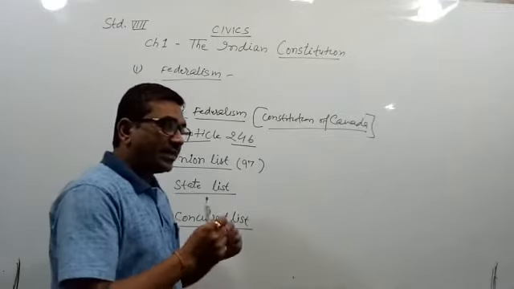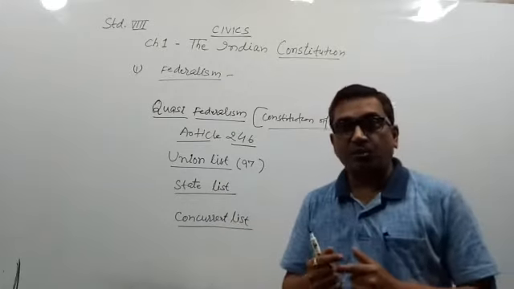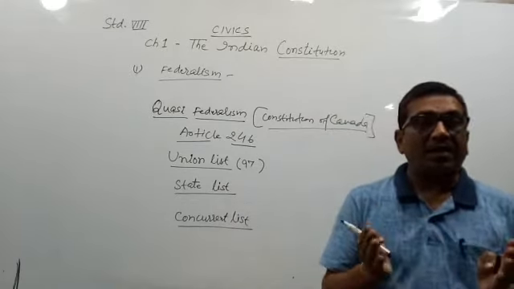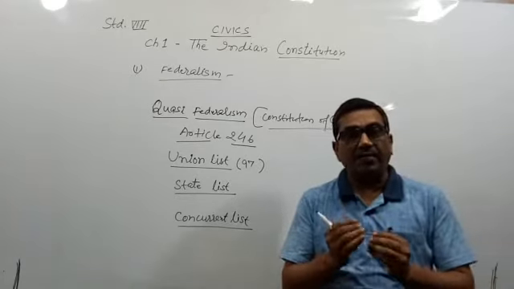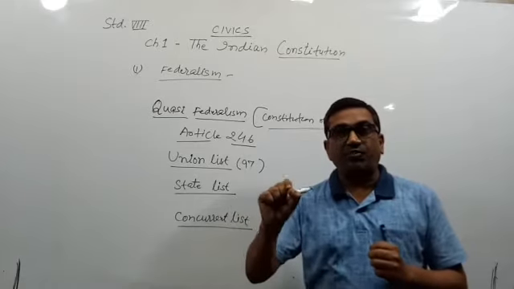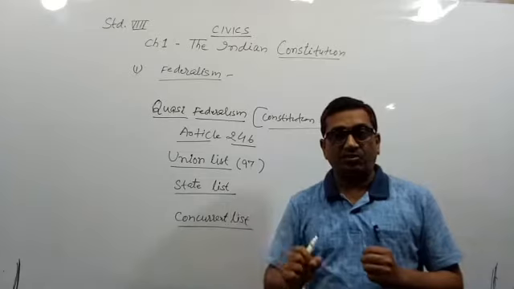For example, if we ask how many articles are there in the Indian constitution? In the Indian constitution, the total number of articles is 395, because the last article is numbered 395, which is the end of the Indian constitution.